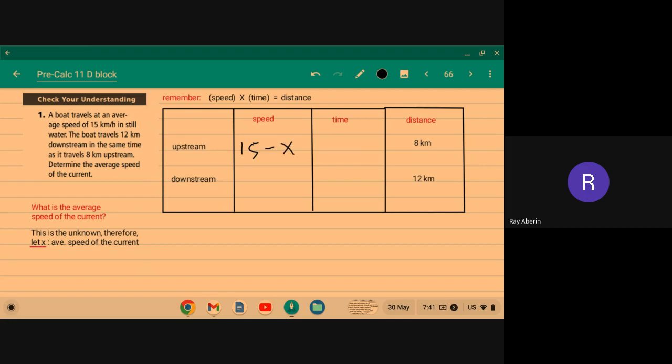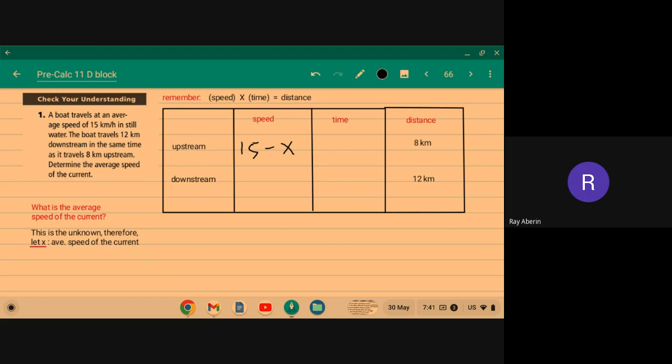Why is it 15 minus x? Because the speed of the boat in still water is 15. However, it is going against the current, and the speed of the current is x. Therefore, the actual speed of the boat as it is moving upstream is reduced. It is now 15 minus x.